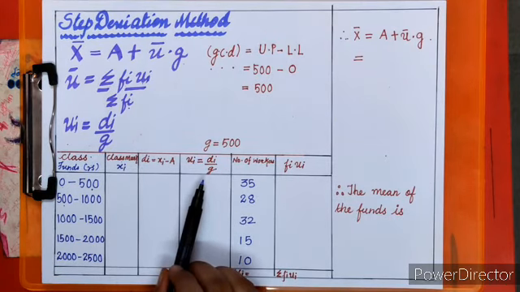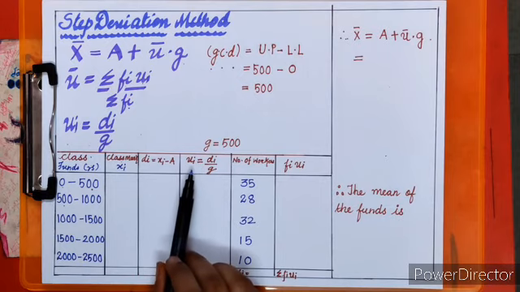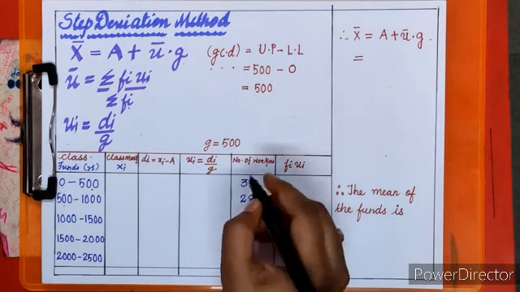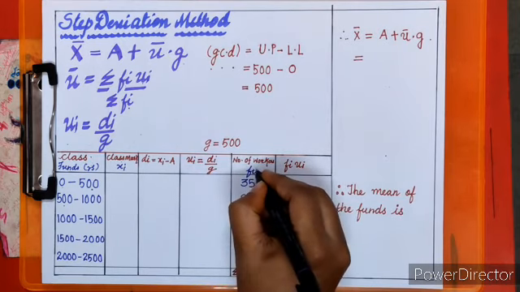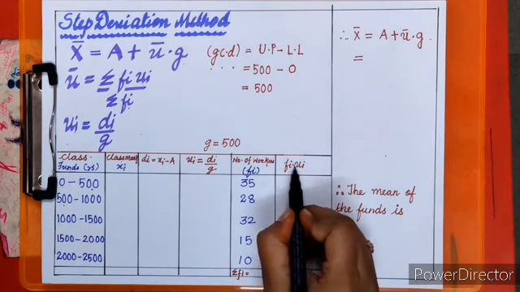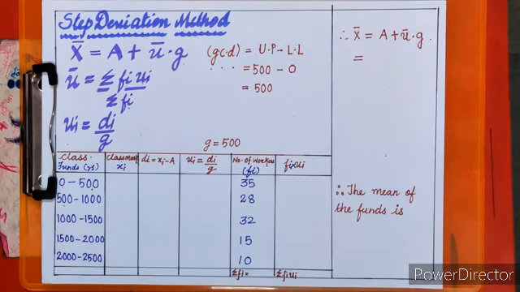Your new column, which is added in the step deviation method, is to find the U, which is given by the formula D upon G. Your second last column is the frequency, which is the number of workers, and the last column is the product of frequency into U. So we'll start solving the columns and filling them.